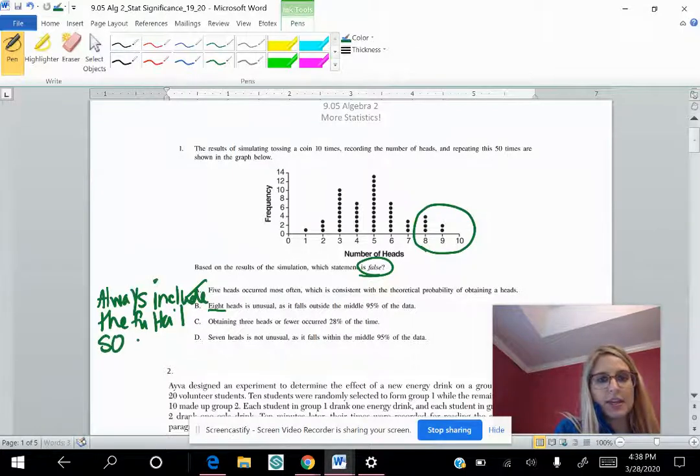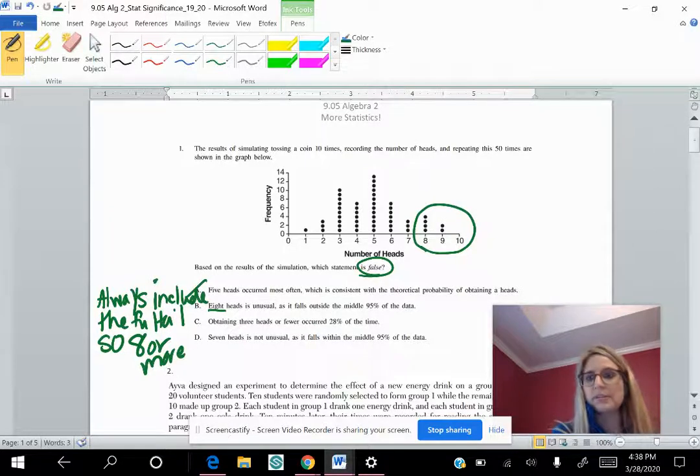So for B, 8 or more. Sorry, that's really messy. If it says 8 heads, we're looking at 8 or more, always the full tail. If it's further to the right, you take the right tail. If it's further to the left, you take the left tail. Ours is further to the right, so we take the right tail.